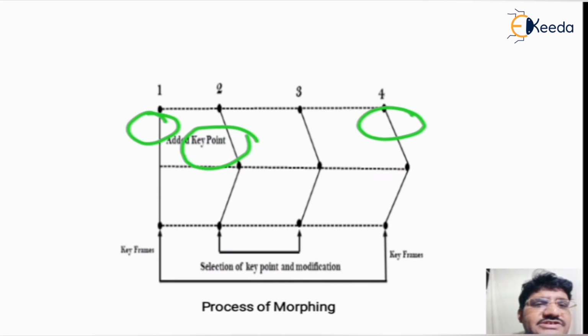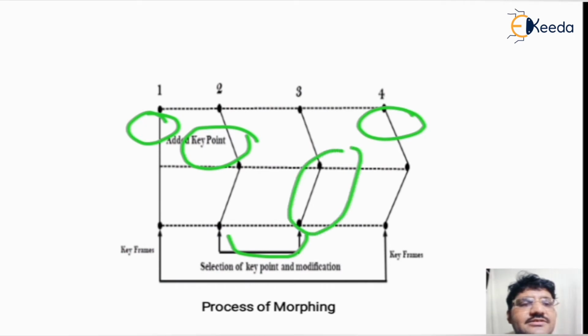After selecting the key point, we modify it by merging the key point with the first and fourth endpoints, and we get the third frame. This process continues till the end of the conversion. So this process is the morphing approach.